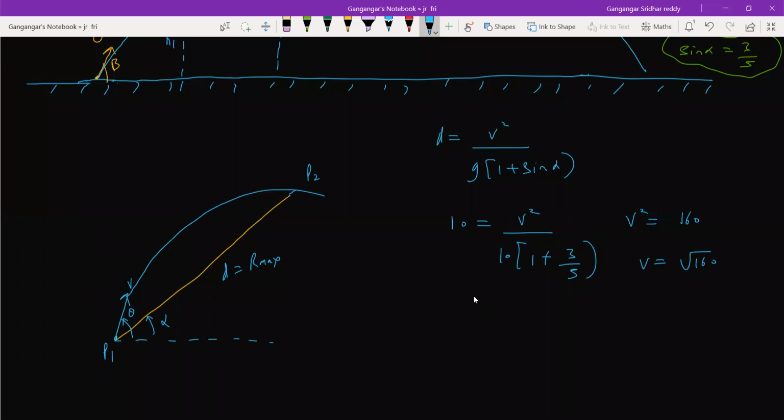v is root 160 meter per second. After getting that v, I will go from the point of projection to point P1.